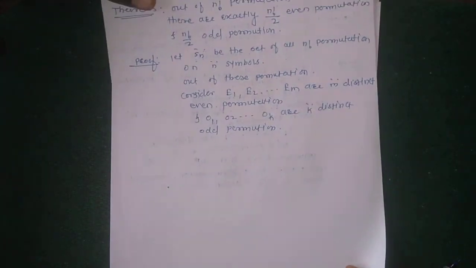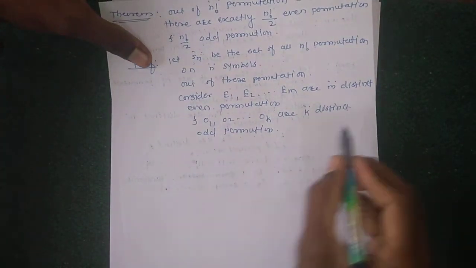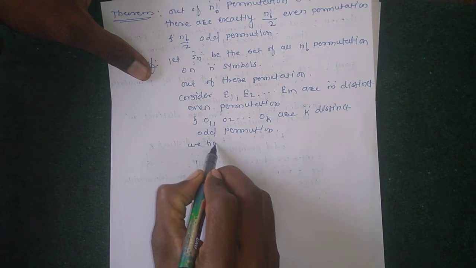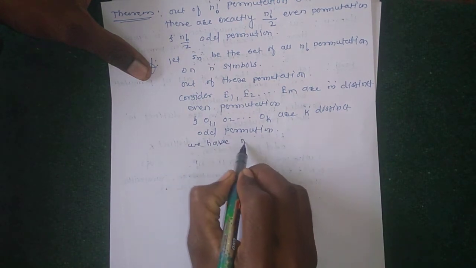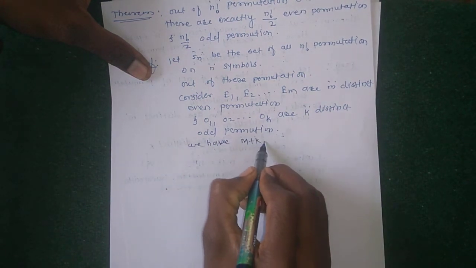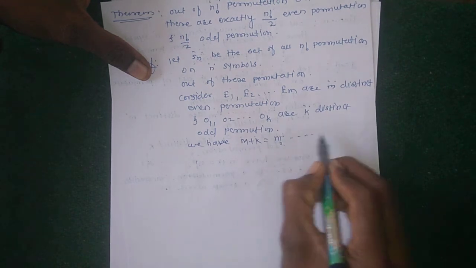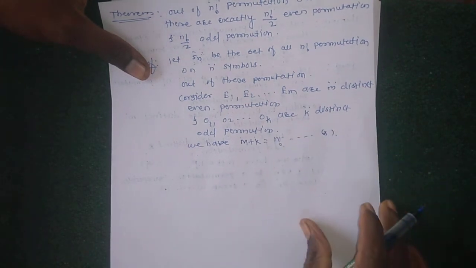So we have m plus k equal to n factorial. Suppose this equation is numbered star.